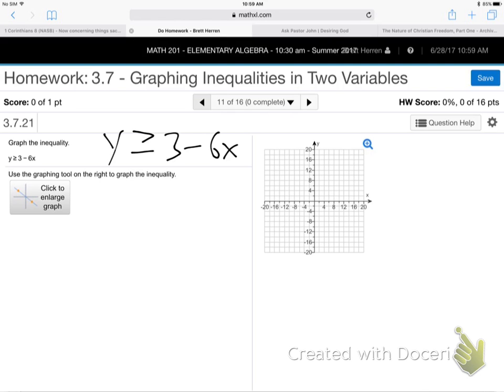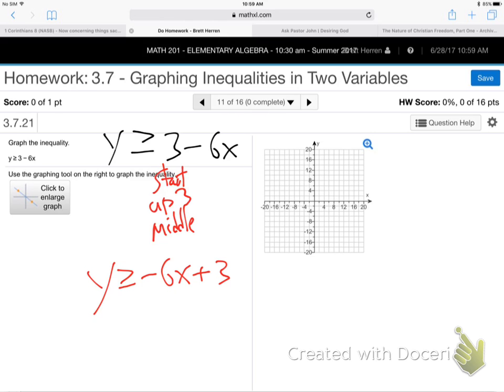All right, where do we start? Start at 3, yeah, because that's the number without the x, huh? So we start at 3, and that's up 3 in the middle. If it bugs you, you can rewrite it like this. This is how we're used to seeing it, huh?